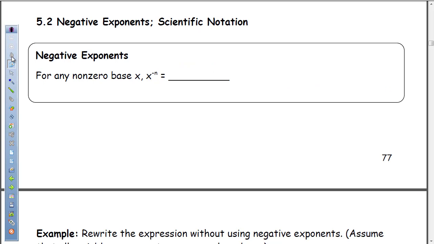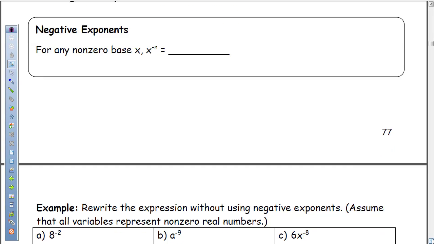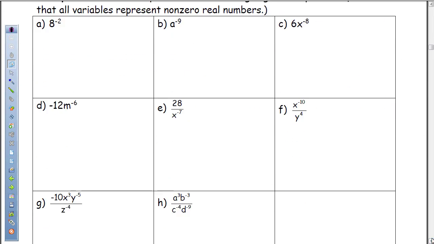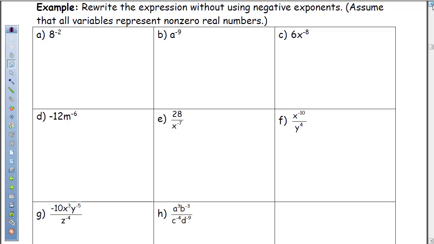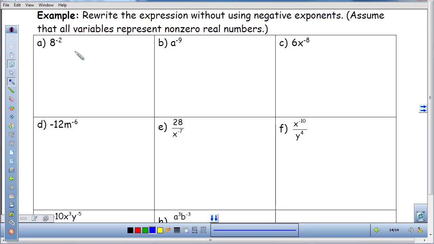All right, so let's see how we can apply that, because we don't usually like to leave our expressions with negative exponents. So we're going to try to rewrite some expressions without using negative exponents. Assume that all variables represent non-zero real numbers. All right, so I've got 8 to the negative 2. I'm going to rewrite that as 1 over 8 squared.